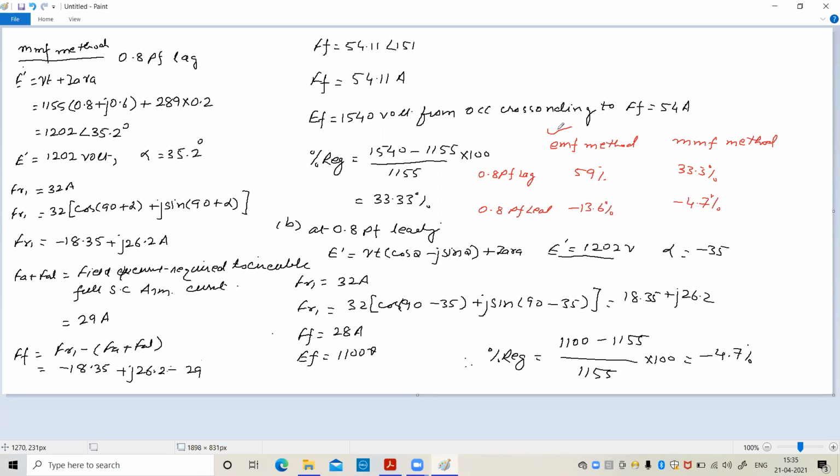Therefore, it is called a pessimistic method. So this is the numerical for determination of voltage regulation by MMF method and EMF.